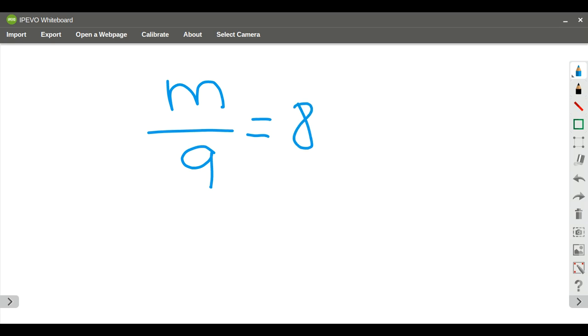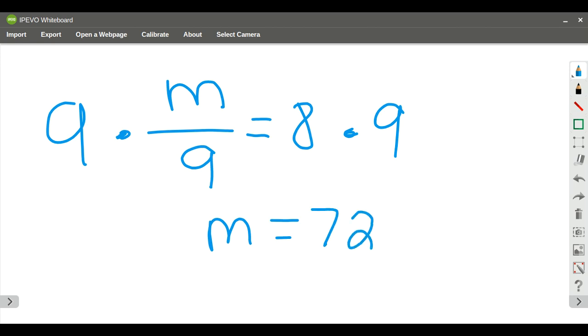So again, I would multiply both sides by the reciprocal. In this case, it would be 9. And I'm left with m equals 72.